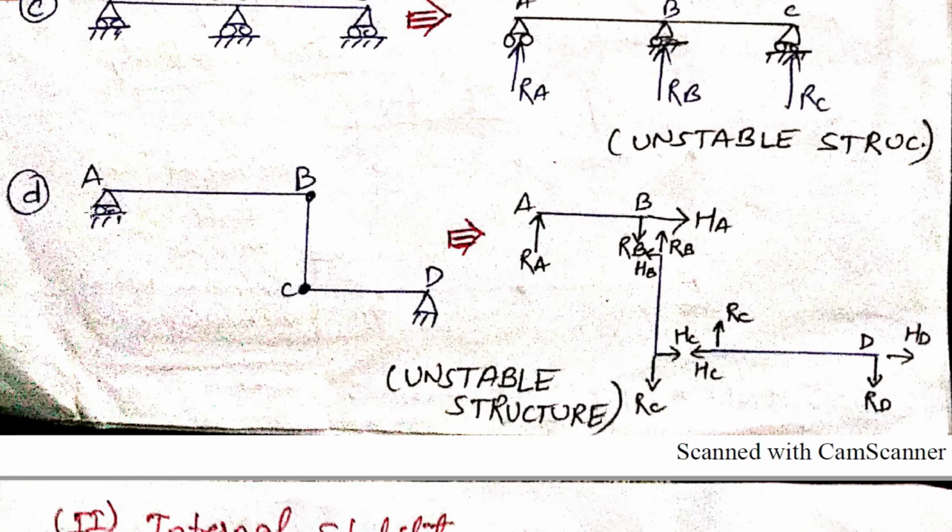So if I draw the equilibrium, our free body diagram, let's take this AB part here. So I draw this AB part here, and at this roller support we have one vertical reaction, that is RA here. Okay, so at point B we have one horizontal reaction here, this is a hinge, this is a horizontal reaction here.